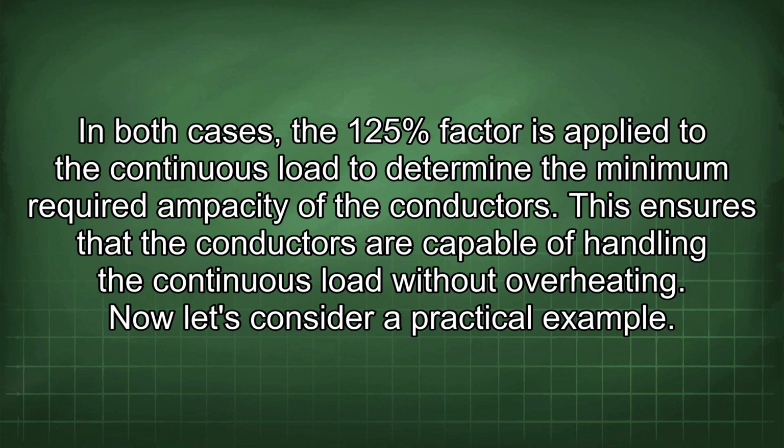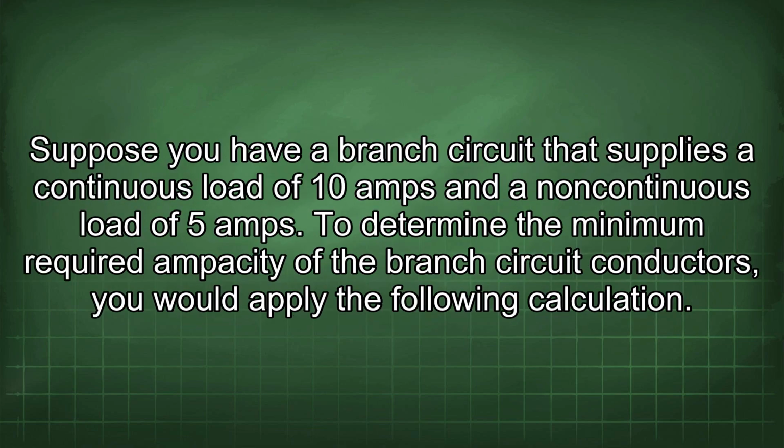Now let's consider a practical example. Suppose you have a branch circuit that supplies a continuous load of 10 amps and a non-continuous load of 5 amps. To determine the minimum required ampacity of the branch circuit conductors, you would apply the following calculation.